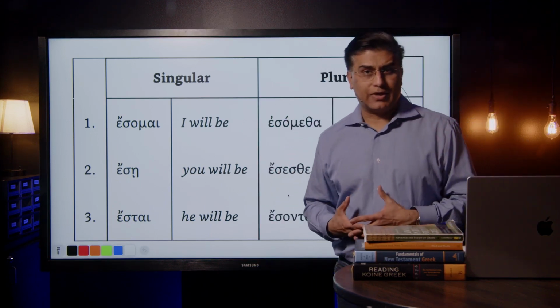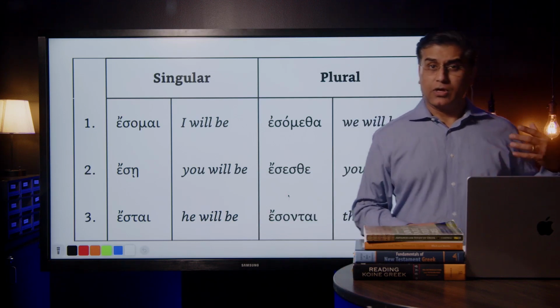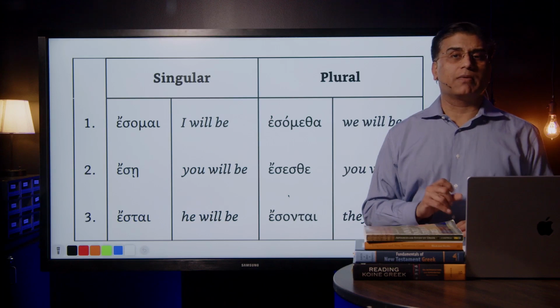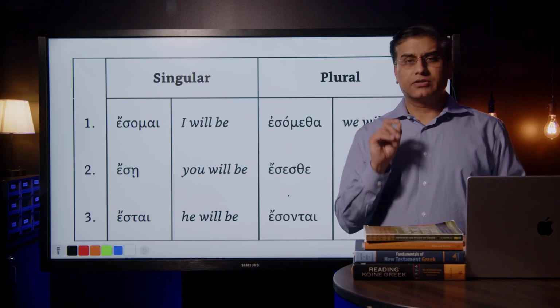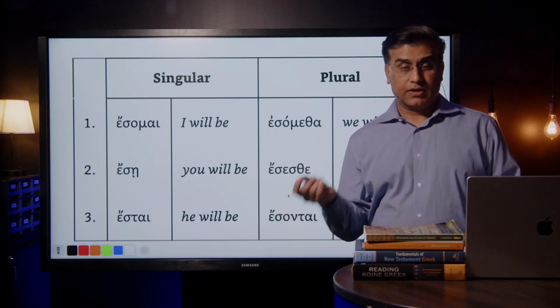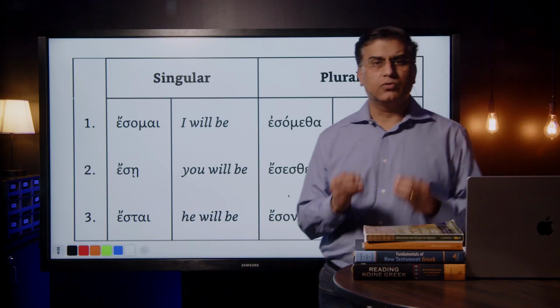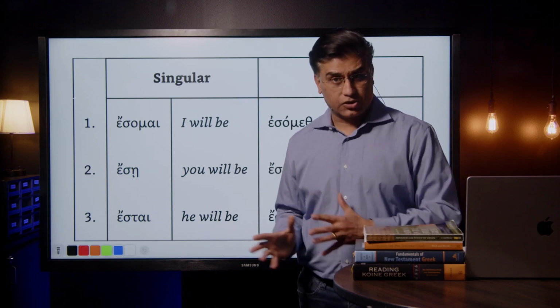Does it always have a reflexive action like in English? Not necessarily, but it does mean that somehow the subject is benefited or affected. It also has some special nuances that we will see in a different lecture.